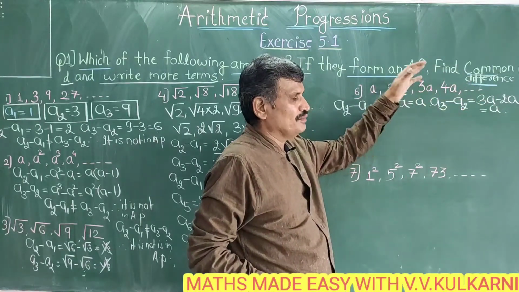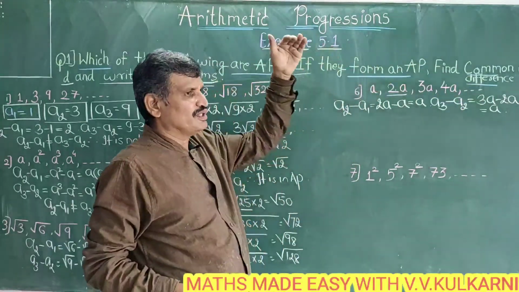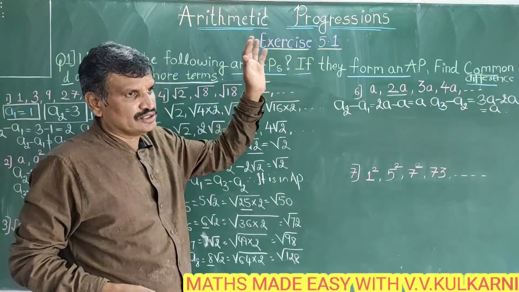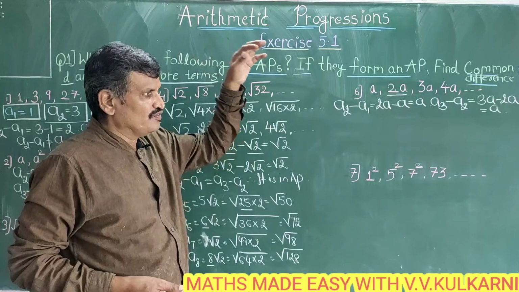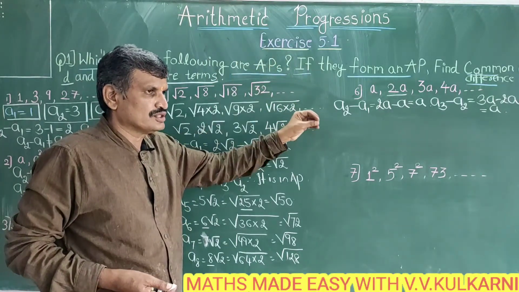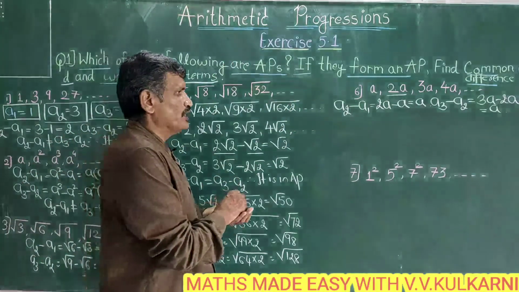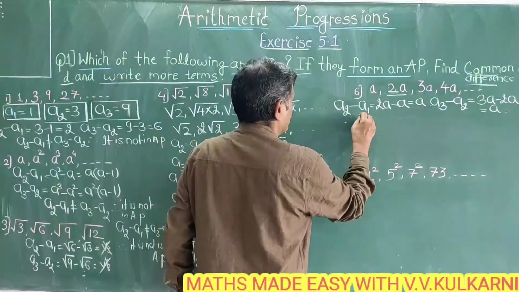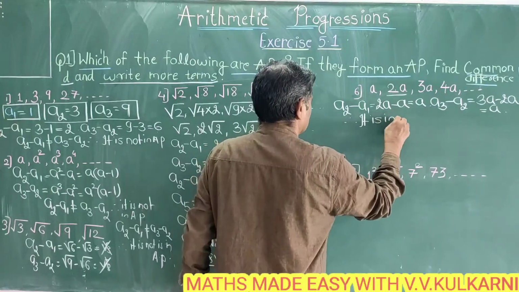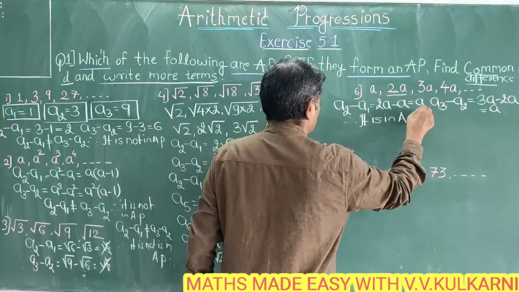So every time you find the difference between two successive terms, you get A as the common difference. And if you continuously get A as the common difference, that means it is in AP. Therefore it is in AP, or arithmetic progression.